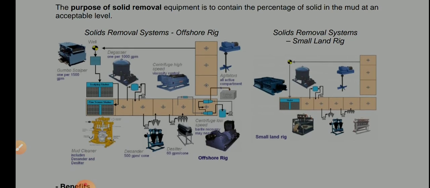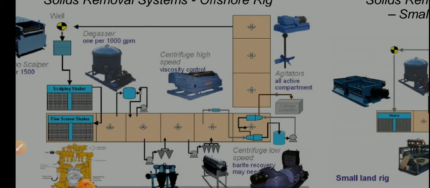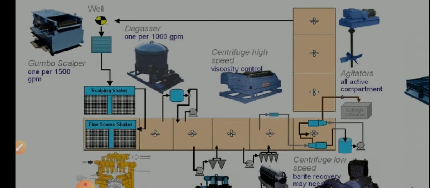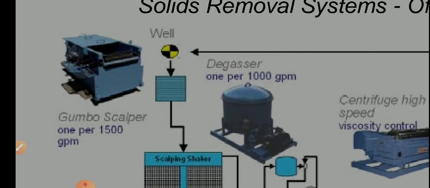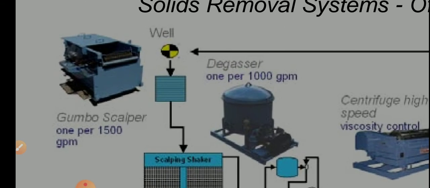So you see here there are two systems for solids removal. On the left side is the solids removal system for an offshore rig, and on the right side is the solids removal system for a small land rig. So what are the main parts available? You see here, first one, this one is the gumbo chamber, rated 1 per 1500 GPM, gallons per minute.